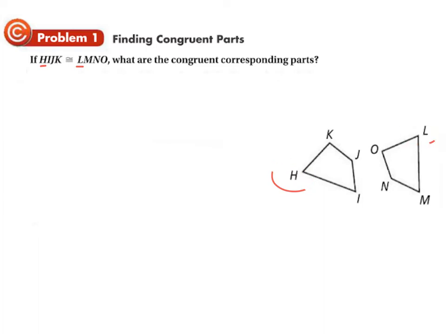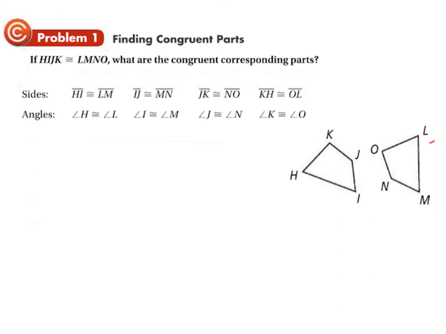But you don't even need to visualize it. You can have it written in the names. So we can say, okay, then angle I is congruent to angle M, angle J is congruent to angle N, and angle K is congruent to angle O. And we will see that when I uncover the answers here. Oops, right here. And the same thing with the sides.